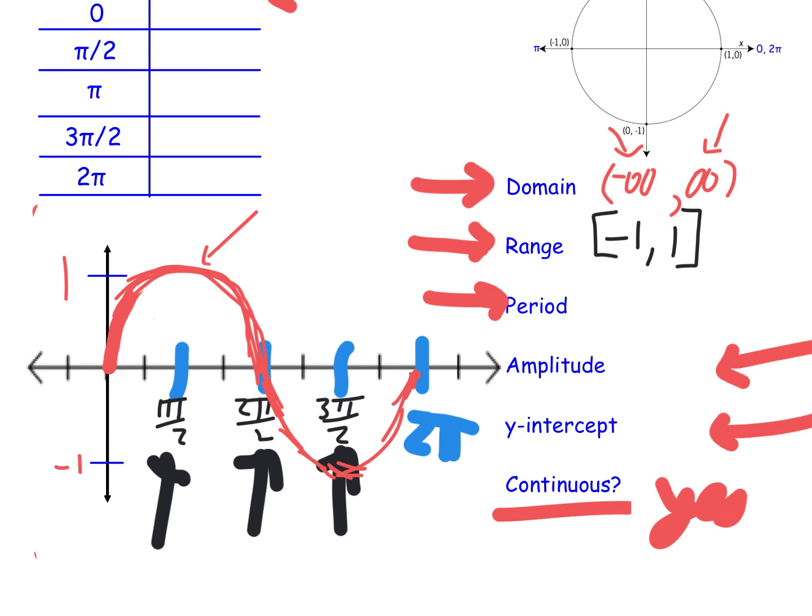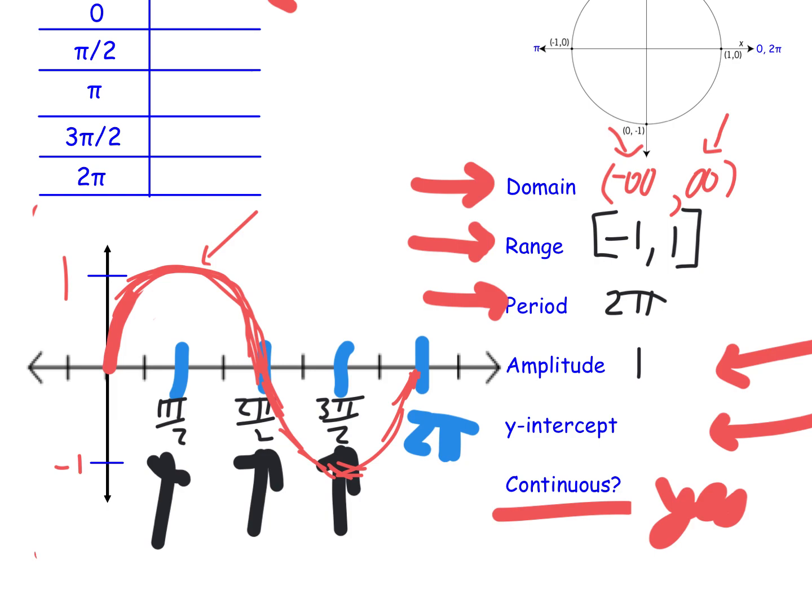Period. You can just give me one number, Jack. What's the period of this thing? 2 pi. Because it completes its cycle between 0 and 2 pi. Amplitude. Nate. 1 is correct.